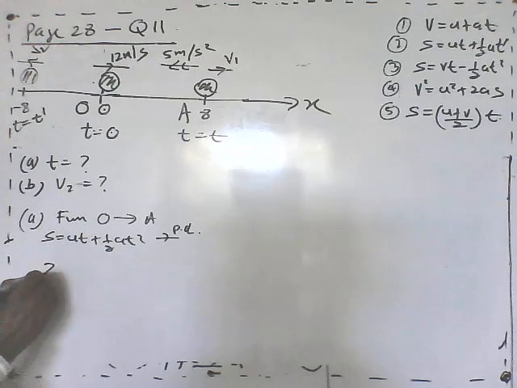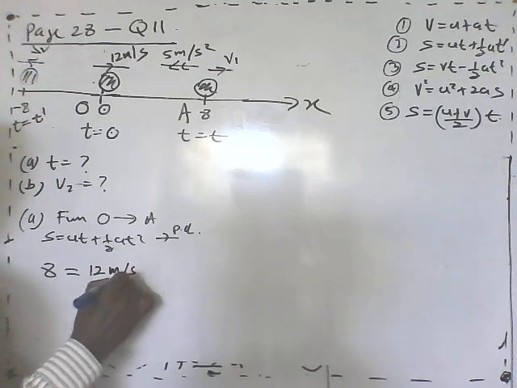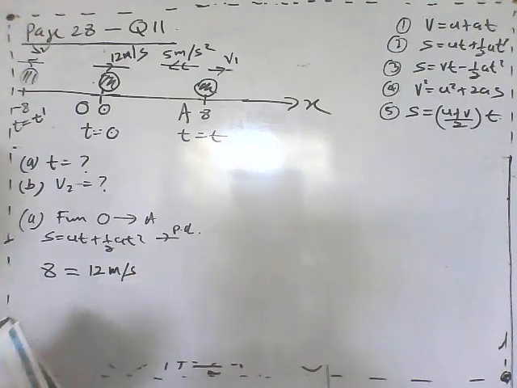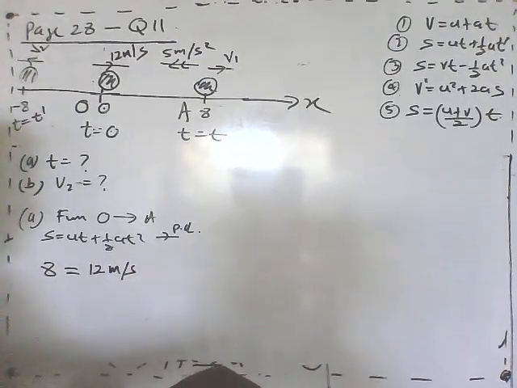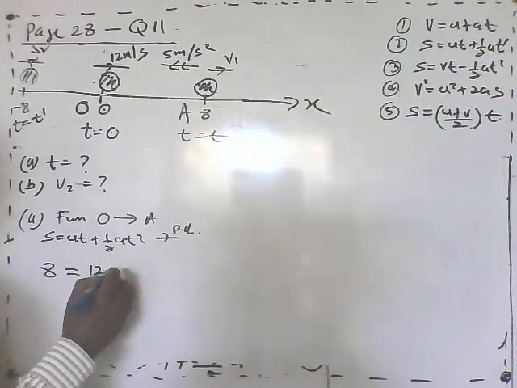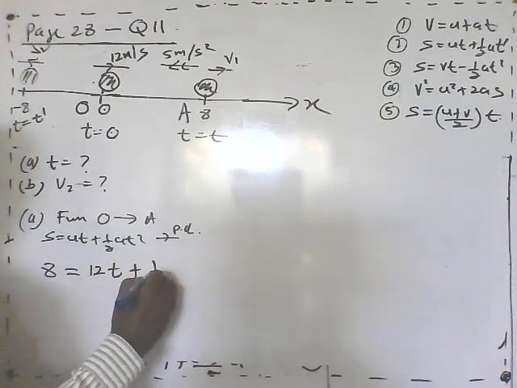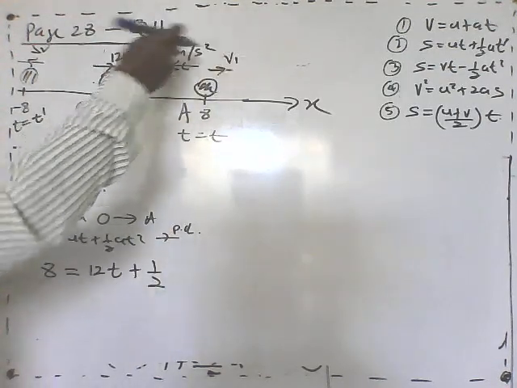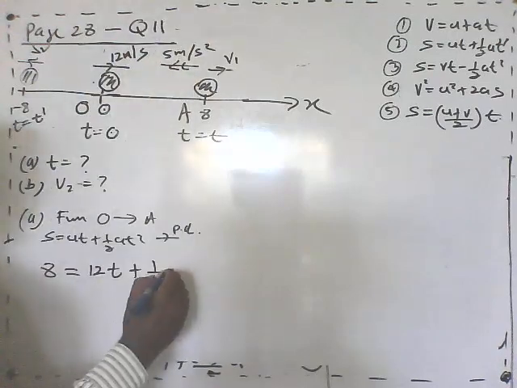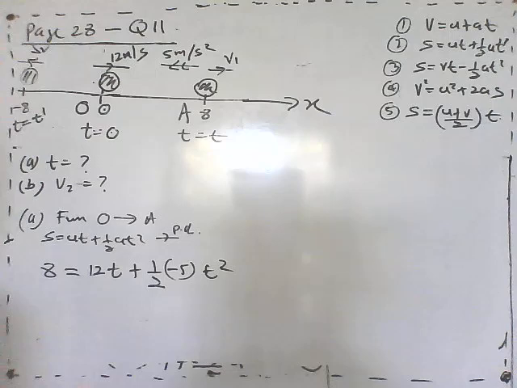Then the distance will be 8. The initial velocity will be 12 meters per second, and the time, that is what we have to find. We will put a plus half, acceleration. Actually it is opposite, I mean it is decelerating, so we have to put -5 here, and t squared. So we get a quadratic equation.